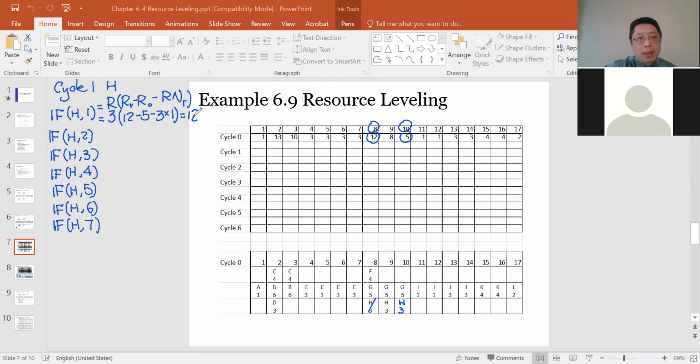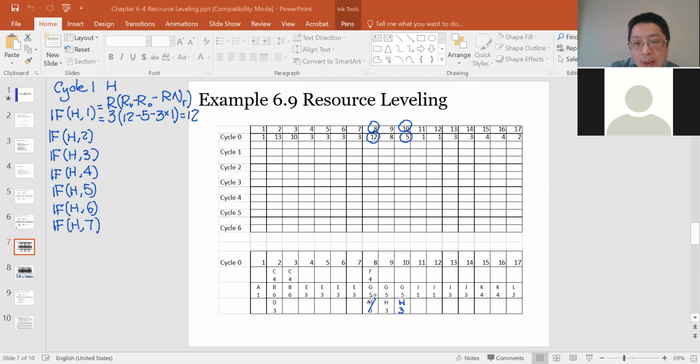Let me repeat the question. How do we calculate NR? For NR, we need to compare two numbers. One number is over here: how many days you shifted. And the second number is the duration of this activity.